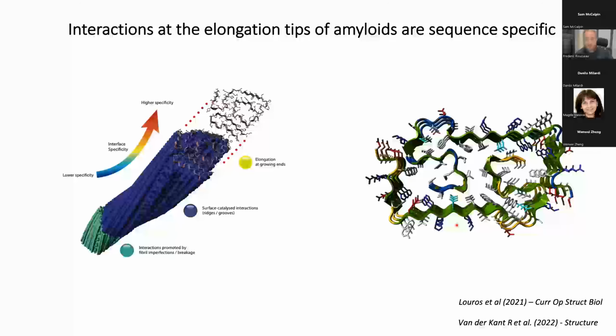That's why they form these nice homogeneous structures. But like everything in nature, you can tolerate small changes. So if you have a sequence that is more or less the same, or very close, will it still be able to interact, and what will be the effect?